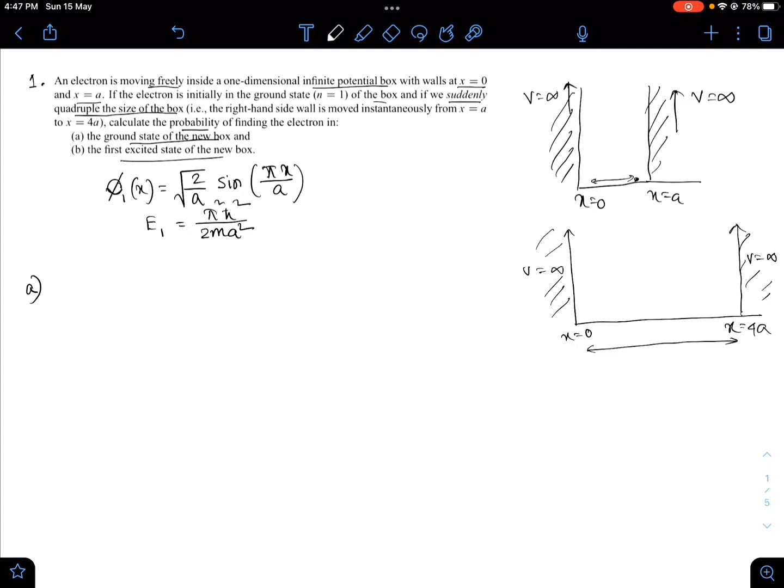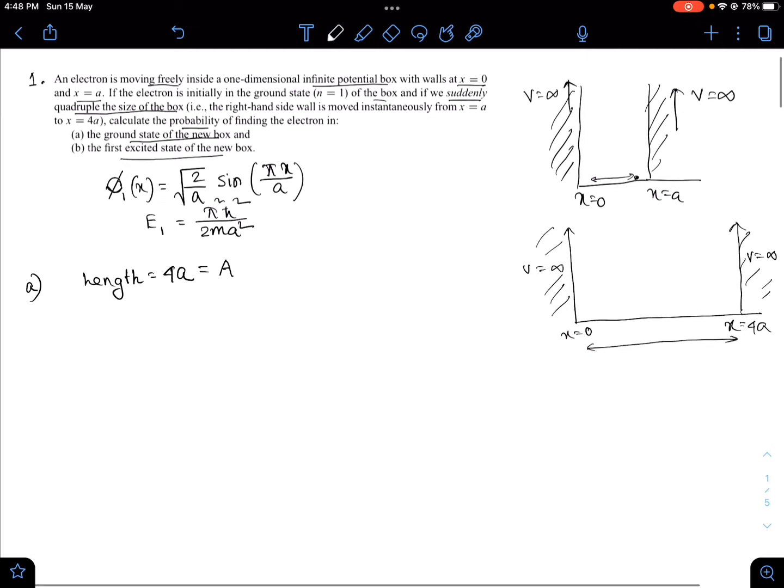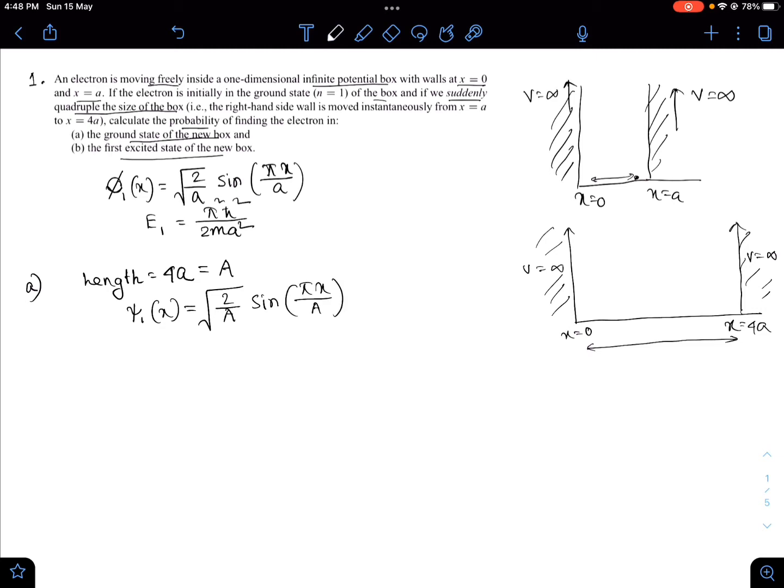So let us do our first question. We have to find the probability of finding the electron in the ground state of the new box. The new box has length now 4a. If we denote this length by a, what will be its ground state wave function? The ground state wave function will be root over 2 by a sine pi x by a. Let us put the value of a.